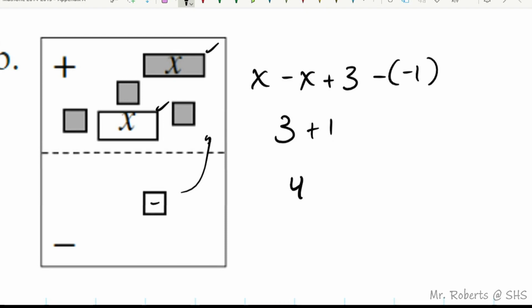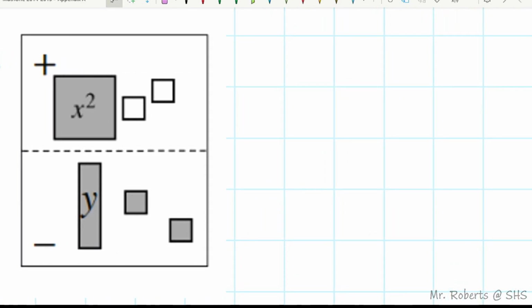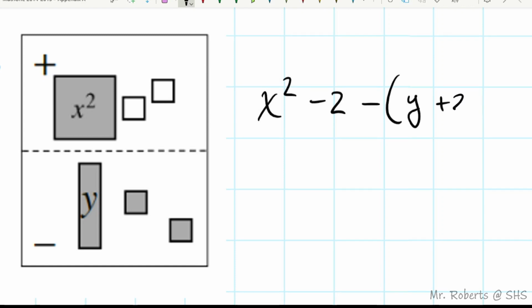And then our final mat is C. Ooh, and we've got an x squared and a y. Okay, so let's see. Out of the parentheses, there is an x squared that's positive, and then we've got negative, so I'll write minus a 2. And then in the parentheses, right down below, there's the negative, there's a positive y, and a positive 2.